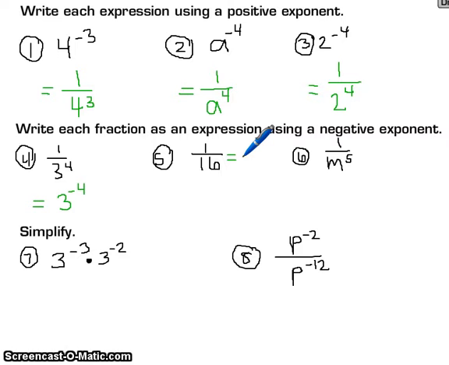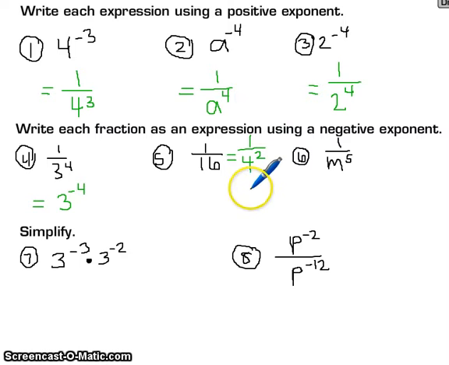So if I think about that, you could be given a 4 squared. 4 squared is 4 times 4, which is 16. So in this case, we're doing 1 over 4 squared.